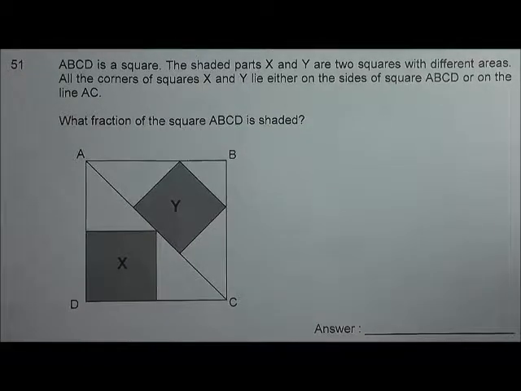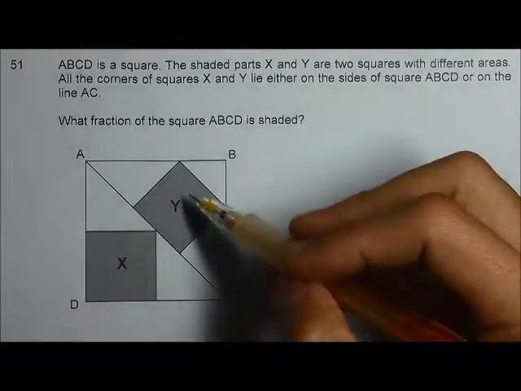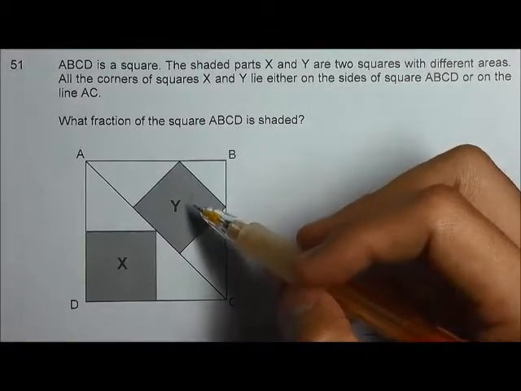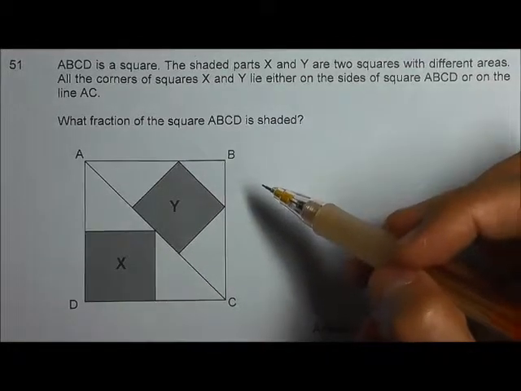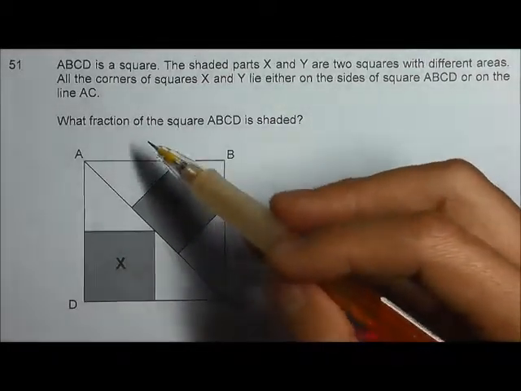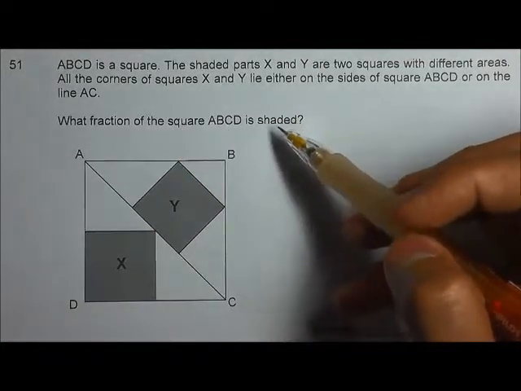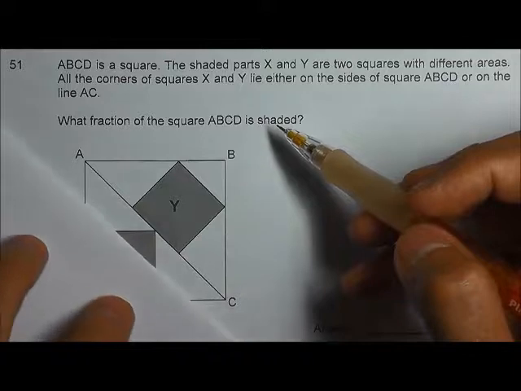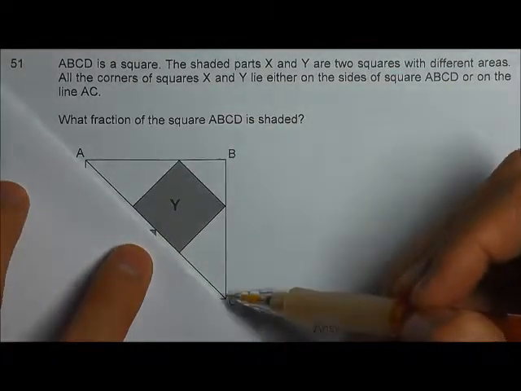Okay, in this question we have a square ABCD and we have two shaded squares X and Y with different areas. Okay, so we want to find out what is the fraction of the square ABCD that is shaded. Okay, let's just look at half of the square ABC first.